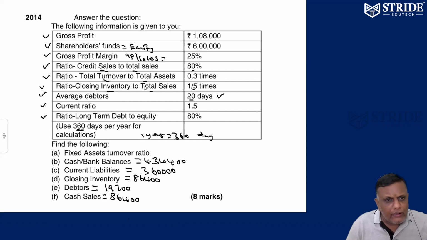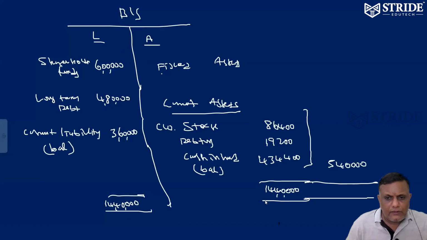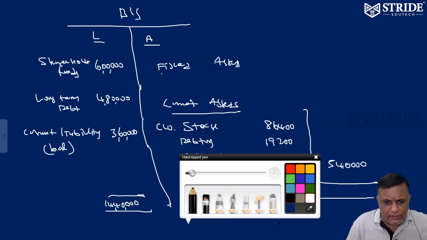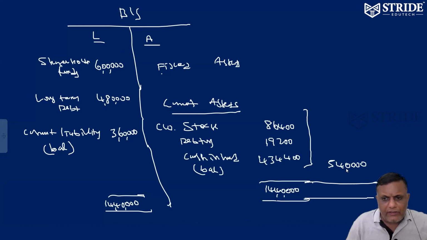So I used almost all ratios except fixed asset turnover ratio. We have to find that out, right? Now, out of 14,40,000, 5,40,000 is current asset.